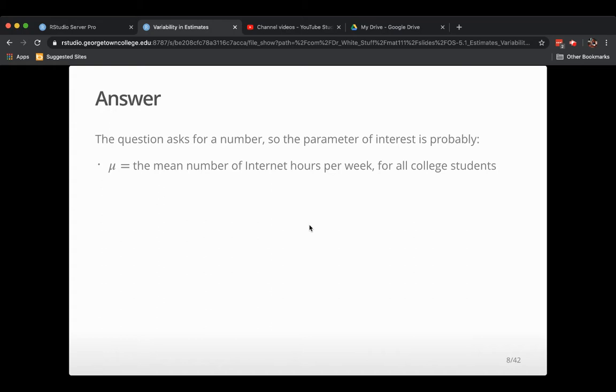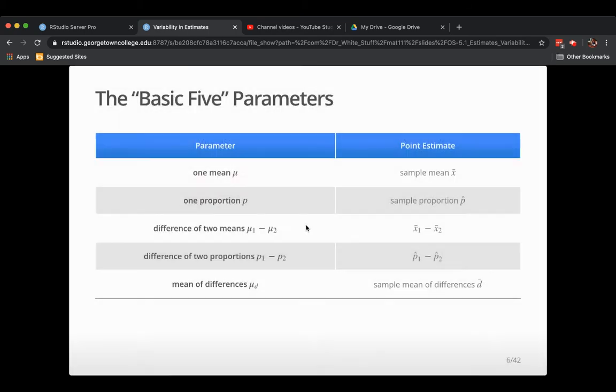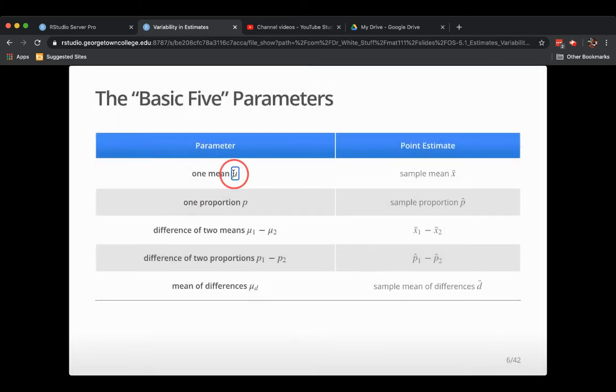Well, I'm thinking to myself that the question is asking for a number: 2 hours, 5 hours, 12 hours, 13.3 hours. And we're thinking about one population here, the population of all college students. So I'm figuring that on this list, we're thinking about this first parameter, the mean of one population.